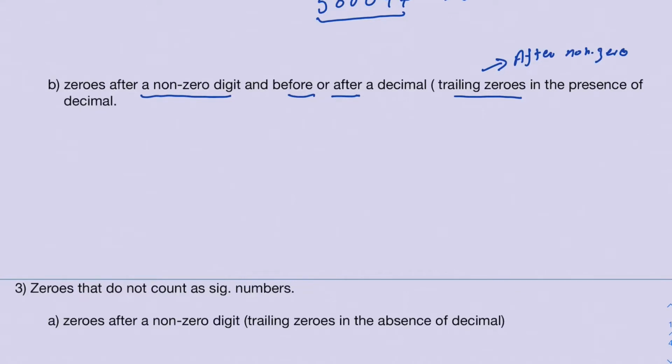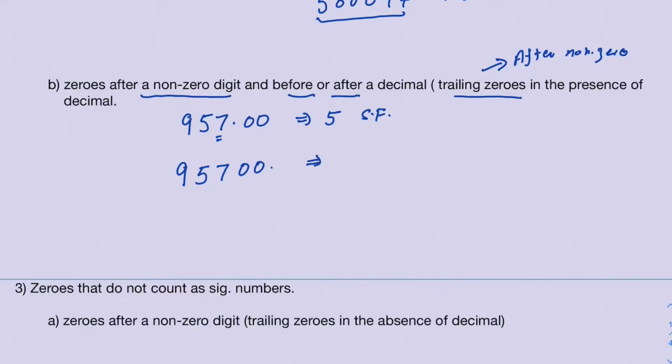So assume I have 957.00. Those zeros are after the non-zero digit, which is 7, and they are also after the decimal, so they would count as sig figs. So in this particular case, I have 5 sig figs. Okay, what if you have something like 957.00 with a decimal point after it?